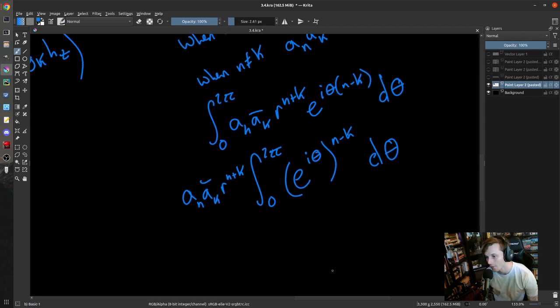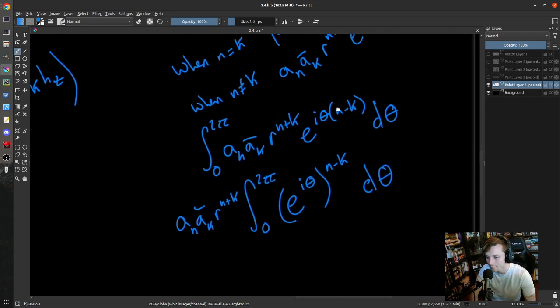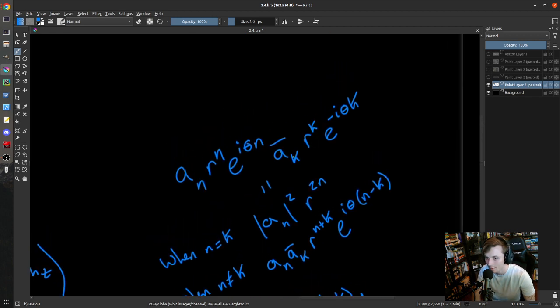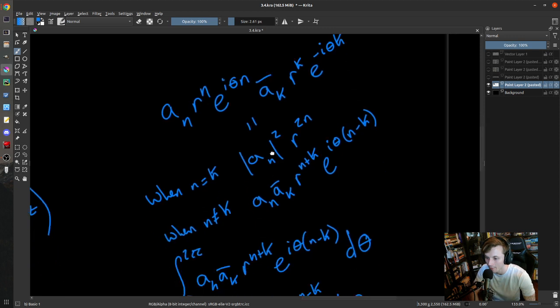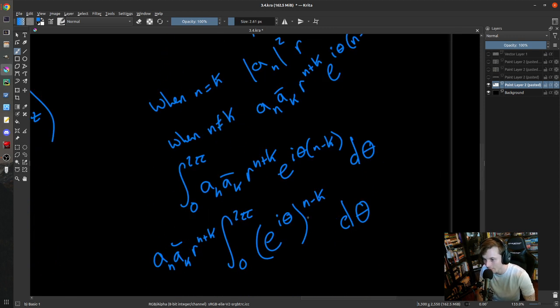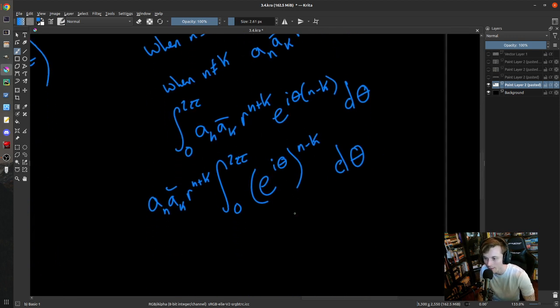What is going on? Notice when n is not equal to k, this is not equal to 0. So obviously I could pull out, these are equal. I'm trying to be clear here. I'm writing my equals vertically. a_n a_k bar r to the n plus k.